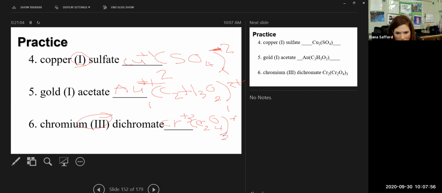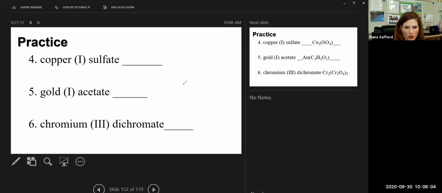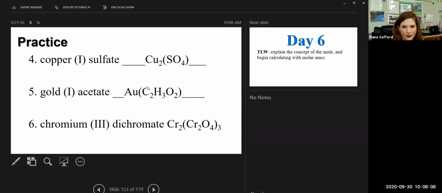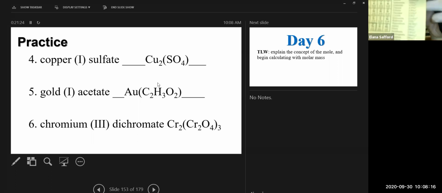So 3 is going to come over here, and the 2 is going to go down here. And there they are written. And that is it for our naming. I actually think this is much easier, especially because we give you this list. The key is to have that list. All right, so now we're going to go practice.